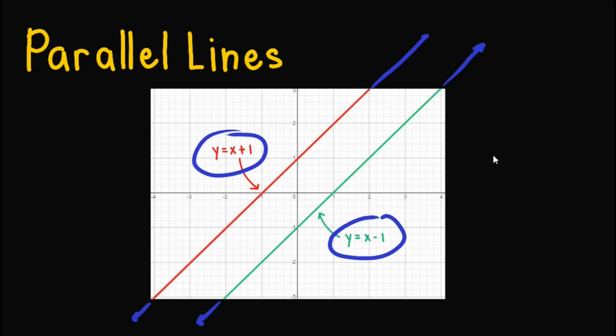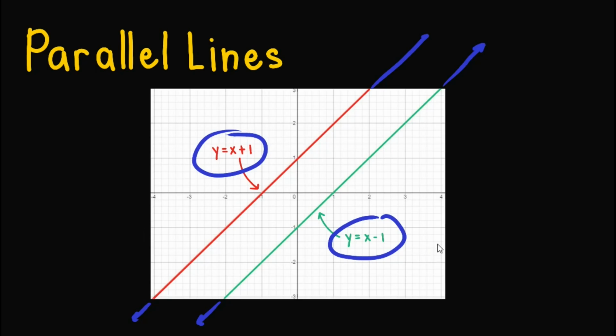Now, what is special about these lines? More importantly, how does this happen? Let's try to make some observations based on what we have. We are given here two equations of lines, and observe that these lines are in their slope-intercept form.